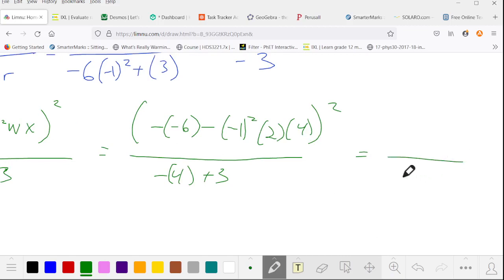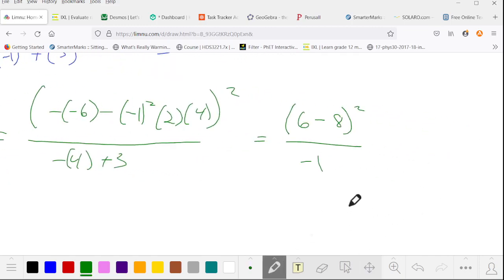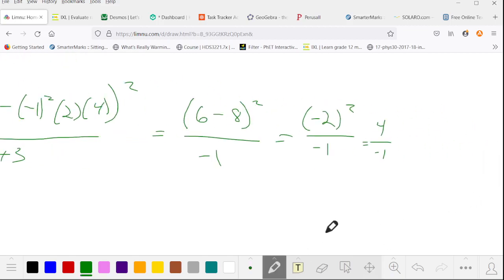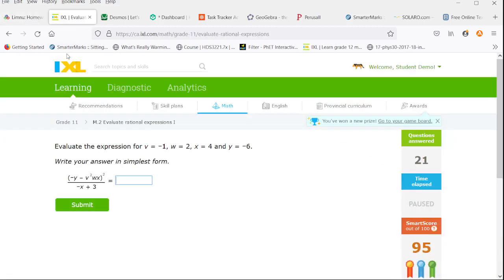So our denominator simplifies readily to negative 1. In our numerator, we have 6 minus 8, and that is squared. So that's negative 2 squared over negative 1, which is positive 4 over negative 1. So our entire expression simplifies to negative 4.